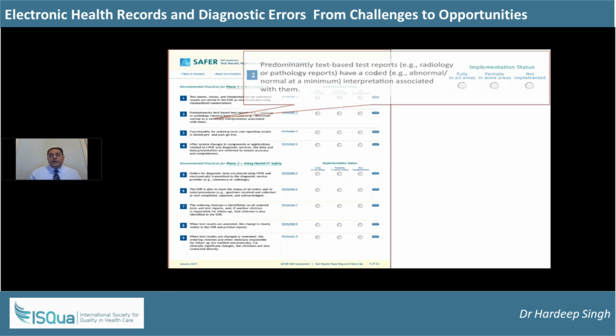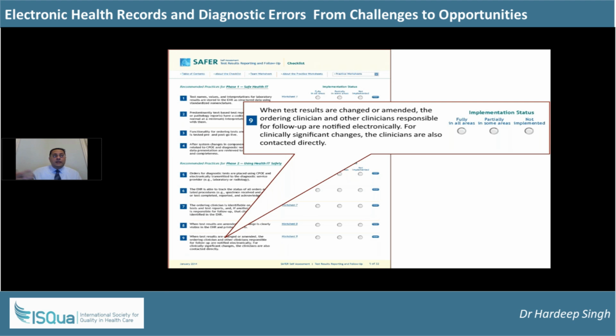Similarly, when test results are changed or amended, for instance, remember I said the pathologist changed the interpretation, in that case, changes are notified to the clinician. So again, these are based on not just technical things, but using a socio-technical approach, including organizational and workflow factors in improvement.